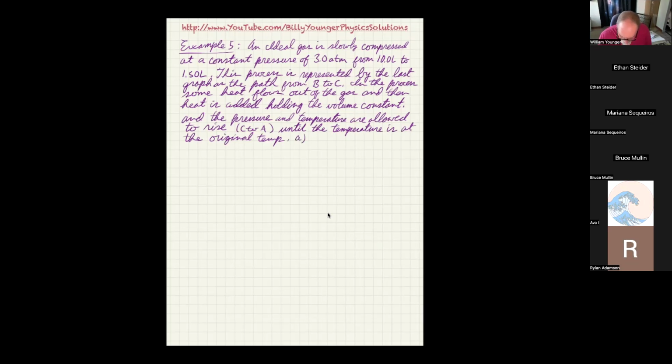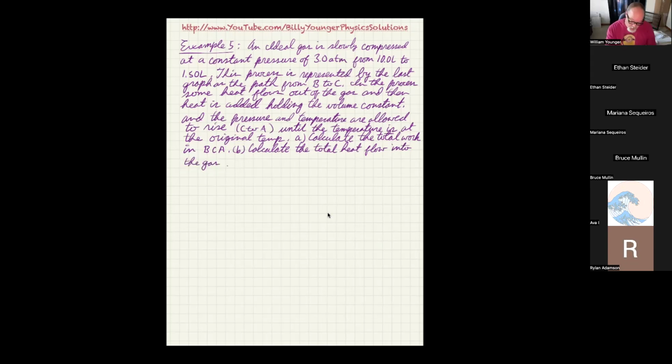Part A, calculate the total work, B to C to A. And then part B, calculate the total heat flow into the gas.